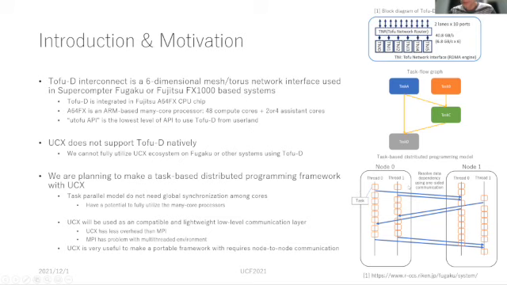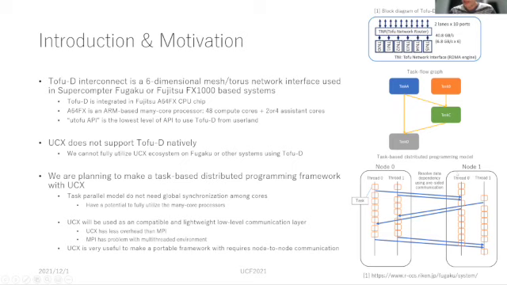If we need to do data movement between nodes, for example, if a task on node 1 needs data that exists on node 0, then we do the data copy using one-sided communication. By doing the one-sided communication, the framework resolves the data dependency, and the task on node 1 will be executed. This is an overview of the task-based distributed programming model.